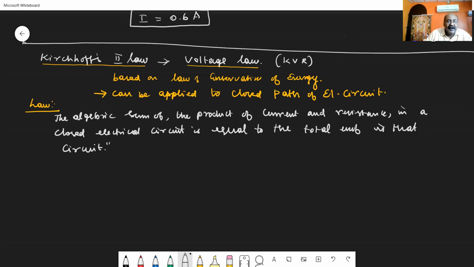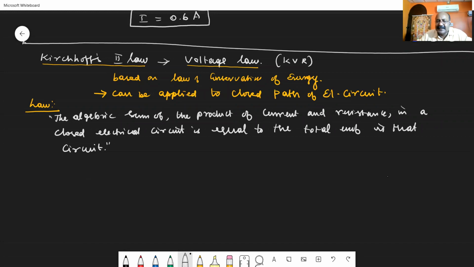This is what we are considering as the second law. What is that law? The algebraic sum of the product of current and resistance taken in a closed circuit is equal to the total EMF in that electrical circuit.